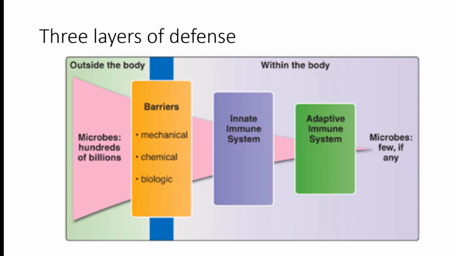On the left side of the slide, outside the body, there are hundreds of billions of bacteria, viruses, fungus, all of these things that could potentially cause disease in the human.